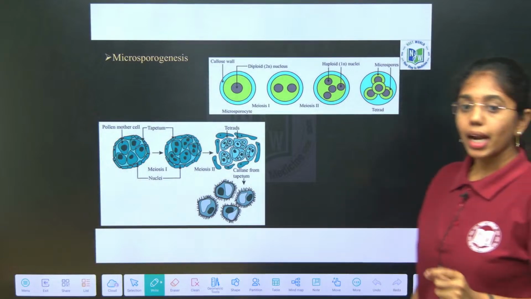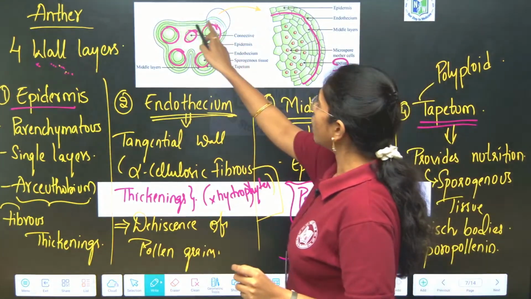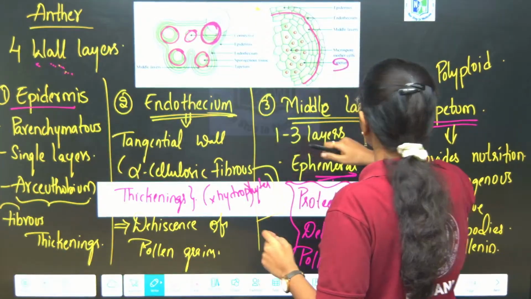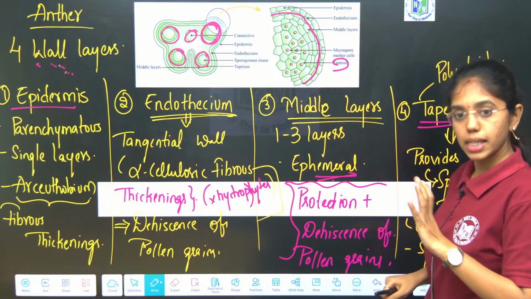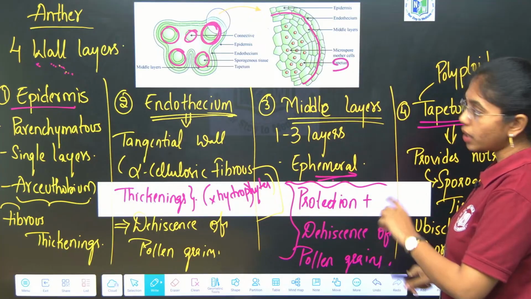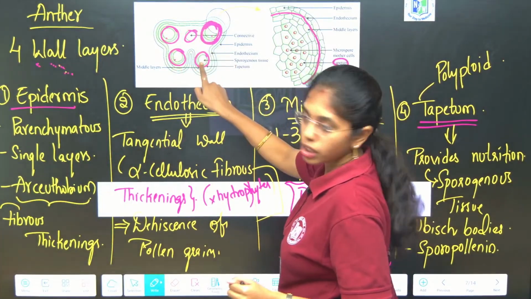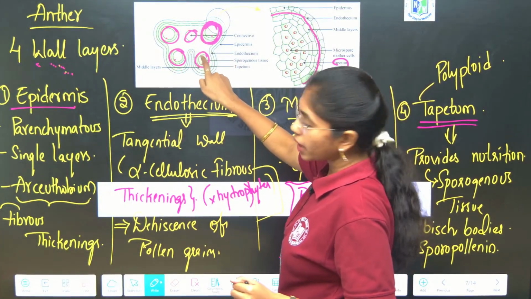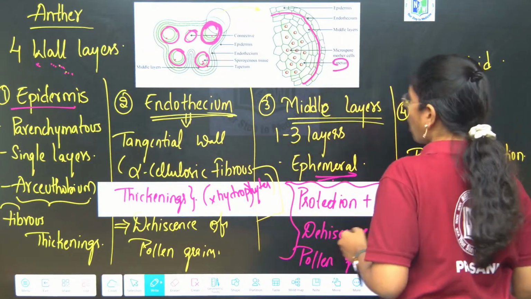Now, at the center I told you, you have sporogenous tissue. These 4 sporogenous tissues have at the center spore mother cells, which you will also call pollen mother cells.